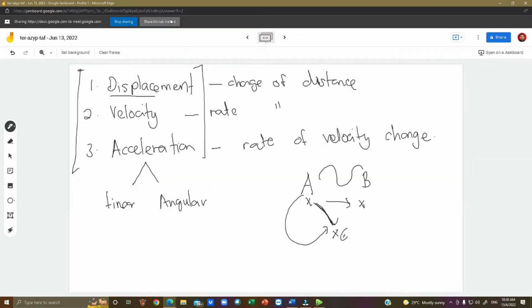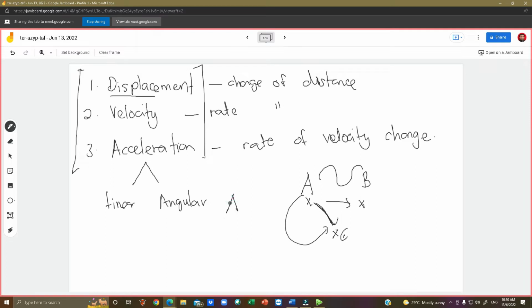So, by that definition, if let's say we have A, and we move along the way here, there, and everywhere, and return back to A. My question, is there any displacement in this particular movement? Ada displacement tak?